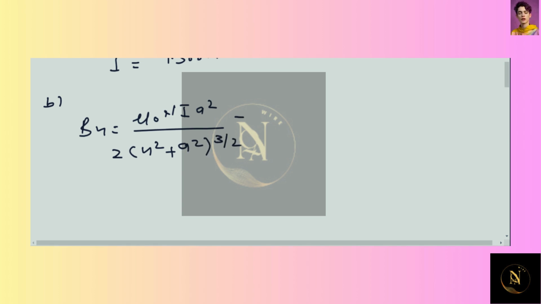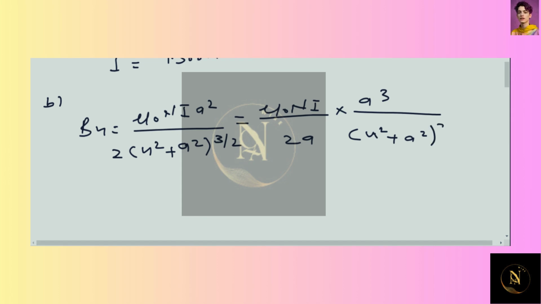At a distance x from the center, the magnetic field B is given by mu naught times n times I times a square divided by 2 into (x square plus a square) to the power 3 by 2, and this is equal to mu naught times n times I divided by 2a multiplied by a to the power 3 divided by (x square plus a square) to the power 3 by 2.